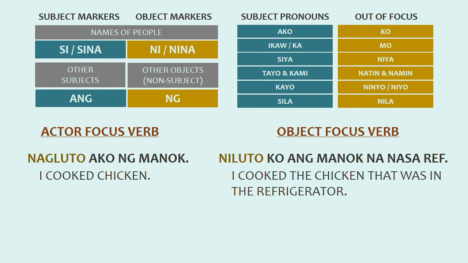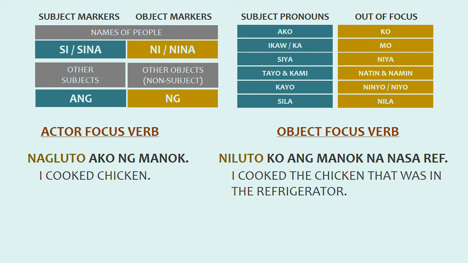On my first example, we used ako, a subject pronoun, for I, because we used an actor-focused verb. Therefore, the doer of the action is going to be the subject of the sentence, which is ako, I. But if you look at the other example, I used ko for I this time.